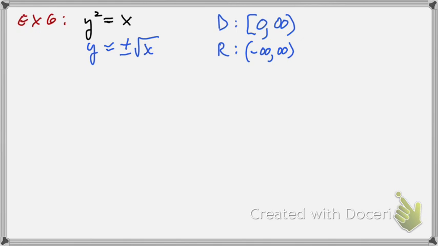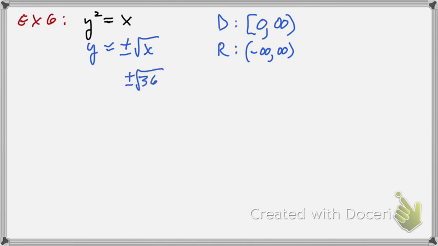Because my y's can be negative here, because of that plus or minus thing. Function? I'm seeing head shaking. Let's look at an example. What if I put 36 in here?